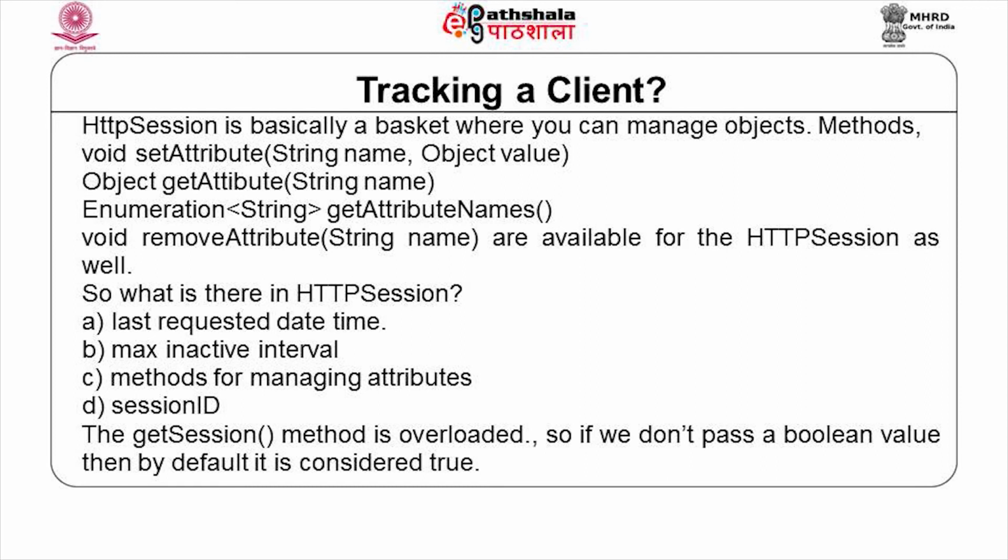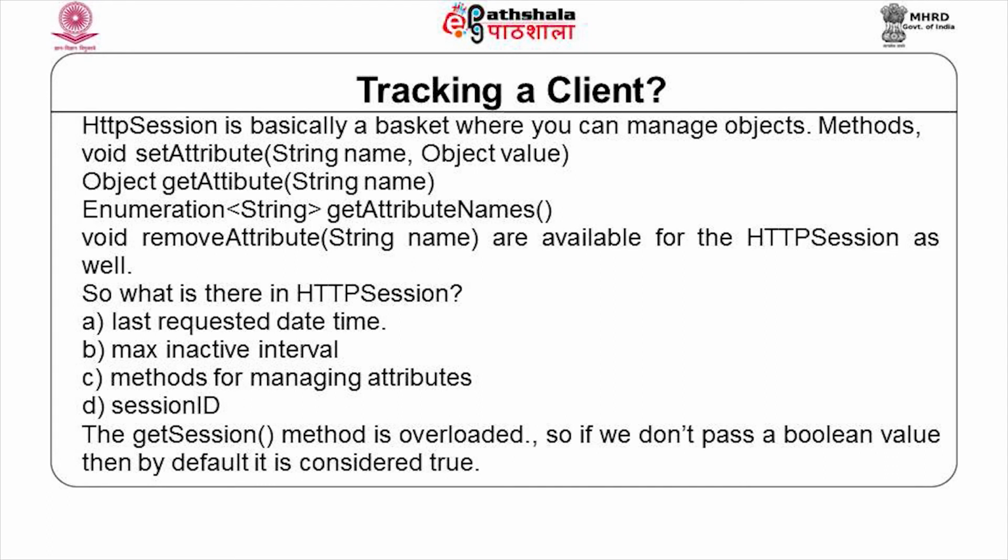If someone is doing a shopping cart, he can have one attribute in which he can store a list of products which the user has selected to be added into his shopping cart. Whatever he selects goes into the list. This is a session object which is available for him.